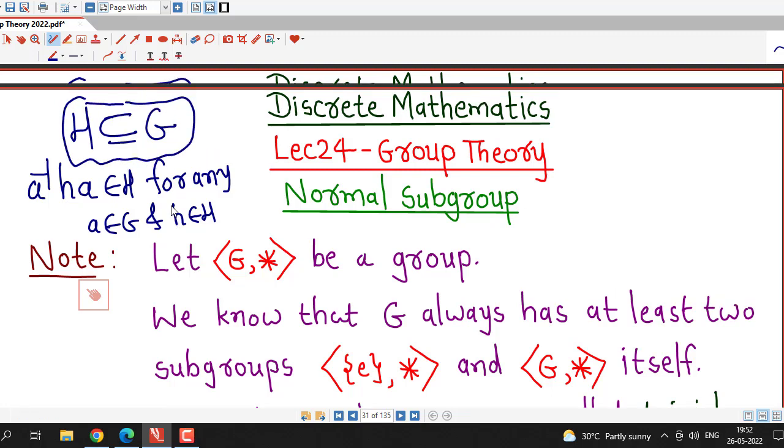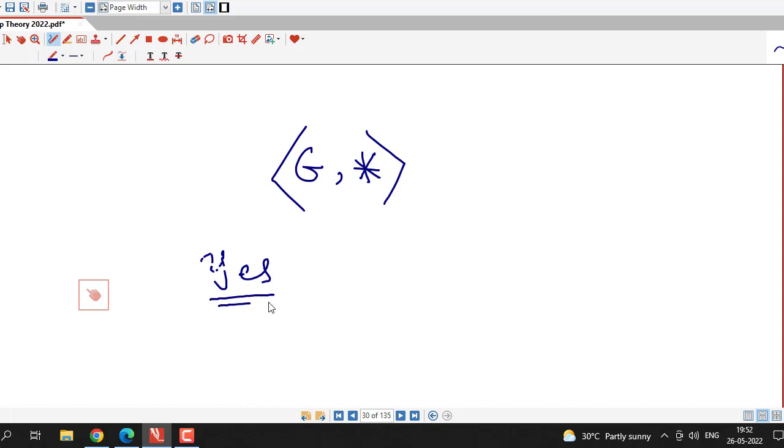Now the question is whether every group has a normal subgroup or not. Suppose G is a group under binary operation star, then whether there exists a normal subgroup in a group G or not. So the answer is yes. For any group there are always at least two normal subgroups, and those two normal subgroups are the trivial subgroups of group G. We have discussed trivial subgroups.